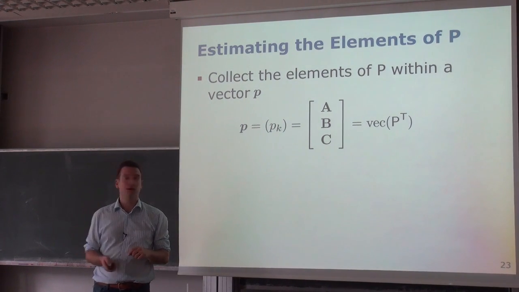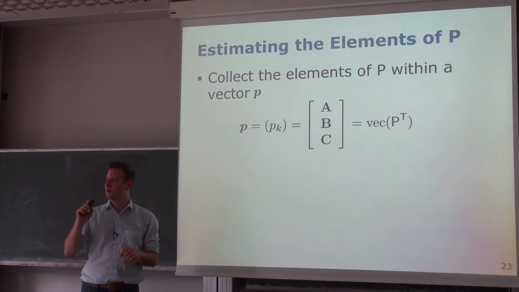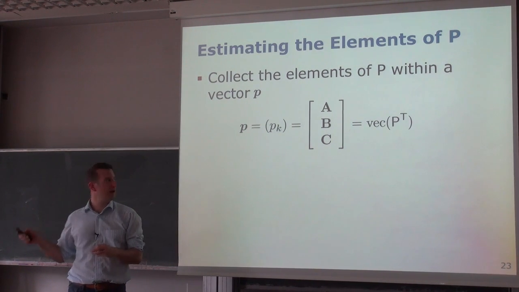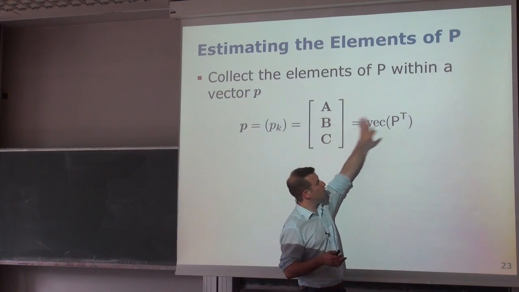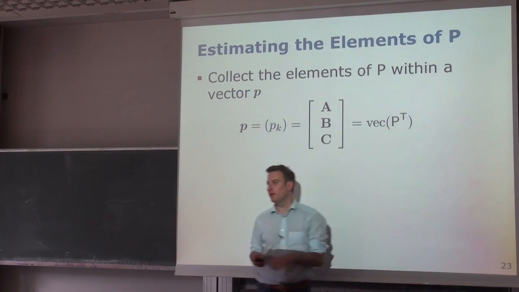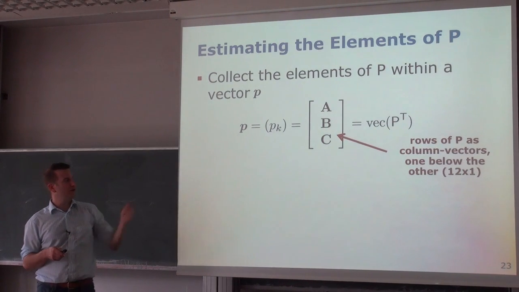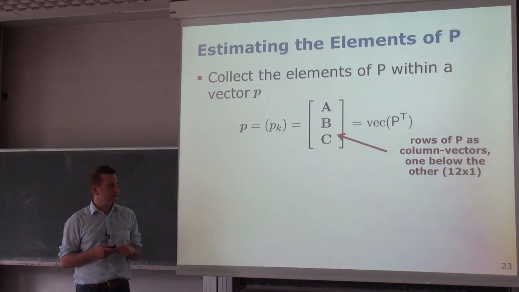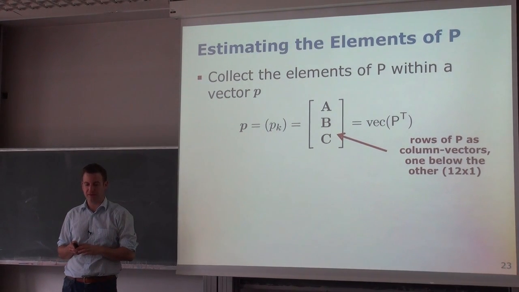So it's P11, P12, P13, P14, P21, P22, and so on and so forth, all stacked up in the vector. This is a 12 by 1 vector, because P has 12 elements. So these are the rows as column vectors, one below the other, a 12 by 1 vector over here.